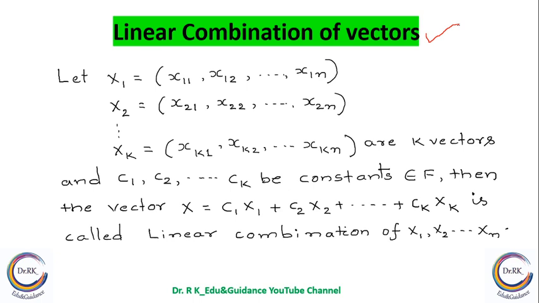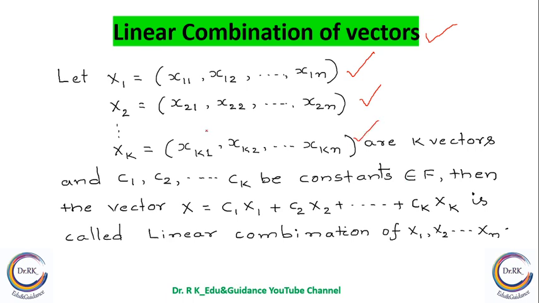So next, another important thing, most of the times this question comes in examination. So what is a linear combination definition or a problem associated with this definition? Consider some vectors, the basic definition: x1, x2, and so on, xk are vectors.